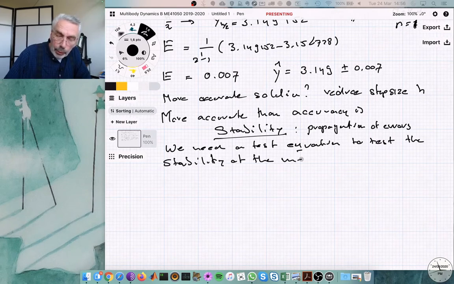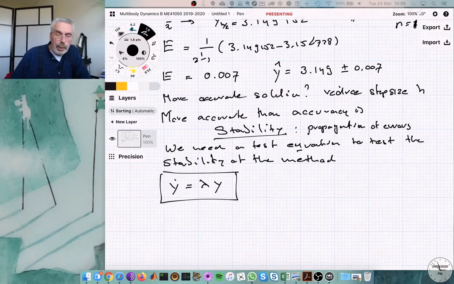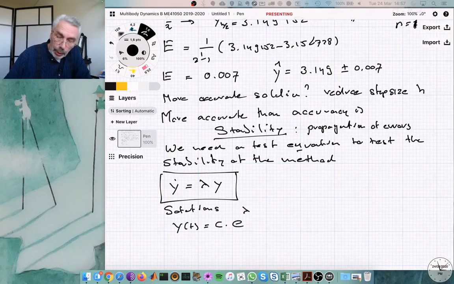And for the test equation, I like to use the following equation: y dot equals lambda times y. So that is my test equation. Now, why do I like that test equation? Well, it's very simple. It's a simple linear differential equation, and the solutions are also super simple. Solutions are of this form: y of t is some constant times e to the power lambda t.